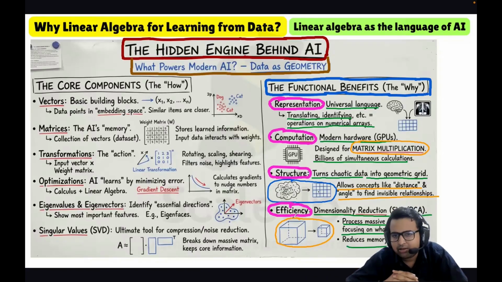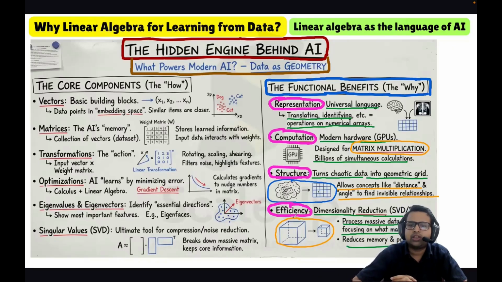It provides structure, turning chaotic unstructured data into a geometric grid, allowing concepts like distance and angle to find invisible relationships between data points.